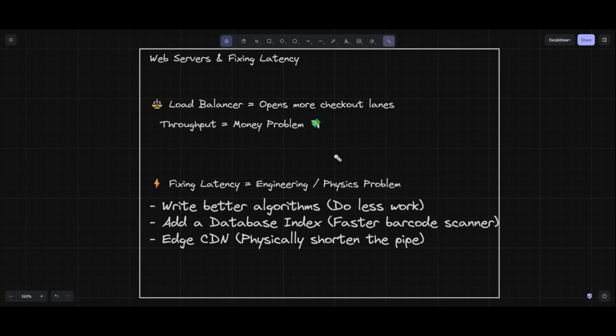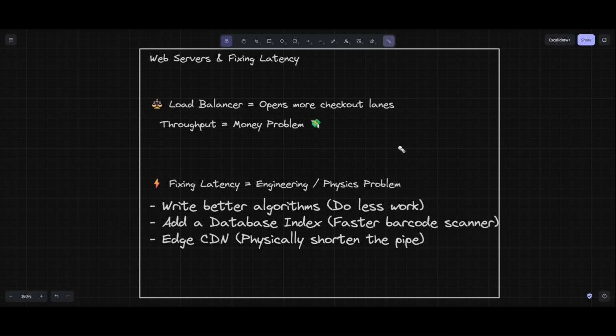You go from 1 server to 10 servers. Your throughput capacity goes way up. You can handle thousands of requests per second. But any individual user is still waiting that baseline 100 milliseconds. You haven't sped up the work itself, you've just increased the capacity to do work concurrently.